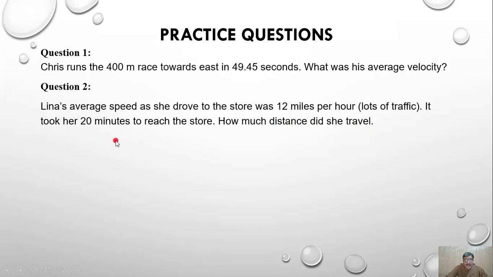So simply apply the mathematical relationship of average speed, that is average speed is equal to distance traveled divided by total time taken. Time is given to you, but before using this time you have to convert it into hours. What you will do, 20 divided by 60 gives you time in hours.